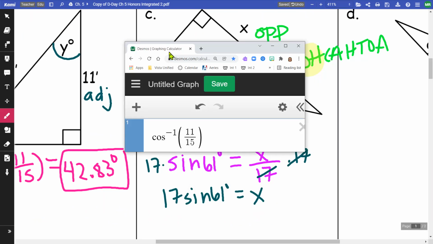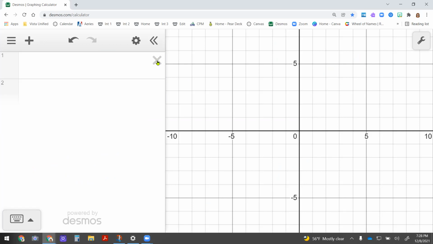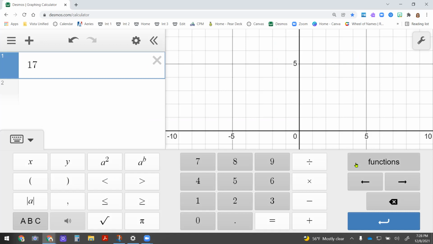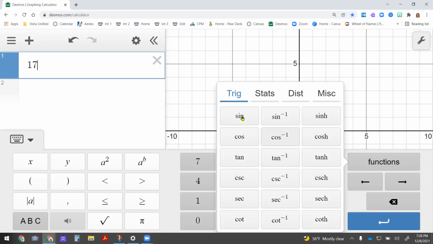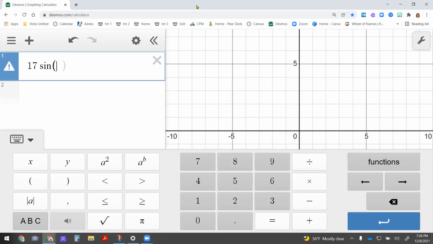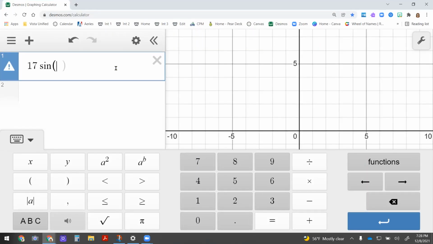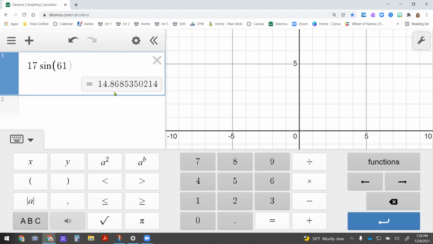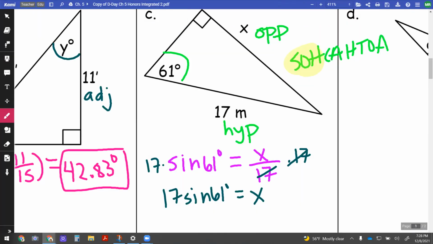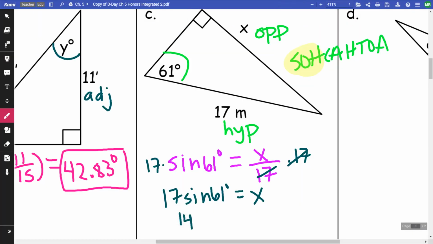So 17 sine of 61 degrees, and I got 14.87. So 14.87 is equal to x.